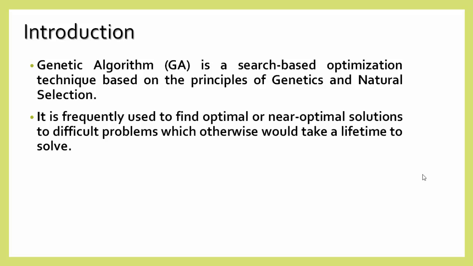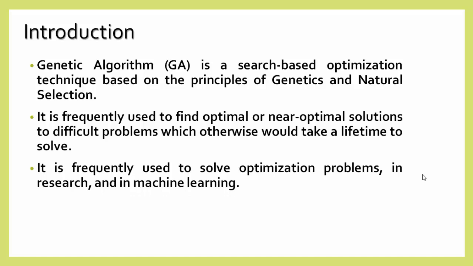So in this type of problem solving methodology, genetic algorithms are used. The main concept of genetic algorithm in soft computing technique is the solution of optimization problems. In research and in machine learning, these are all areas where genetic algorithms can be used.